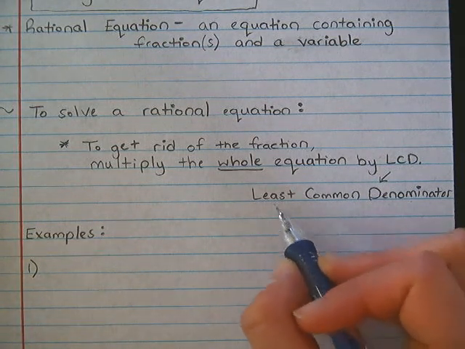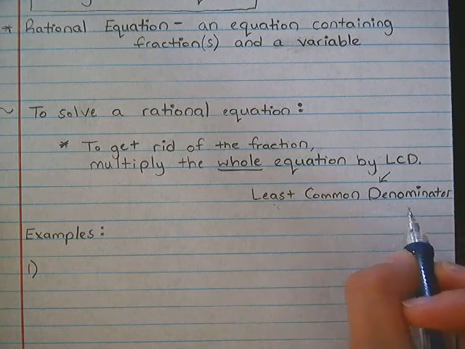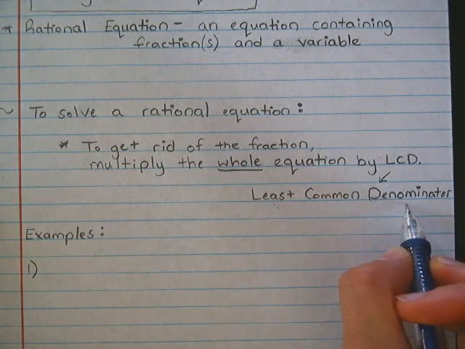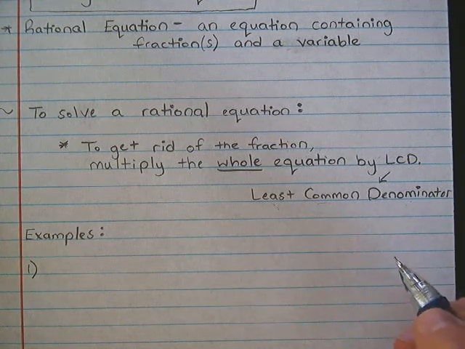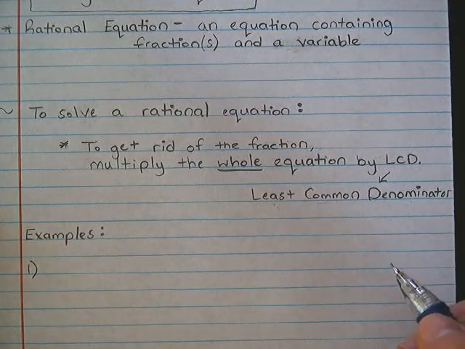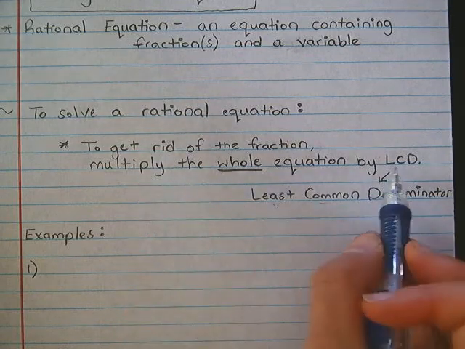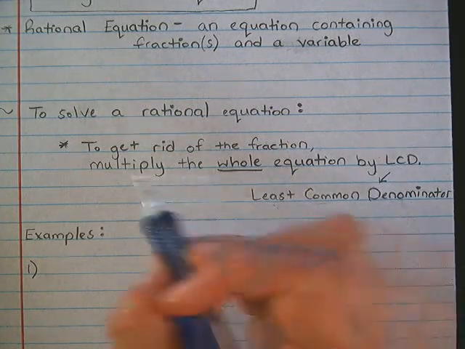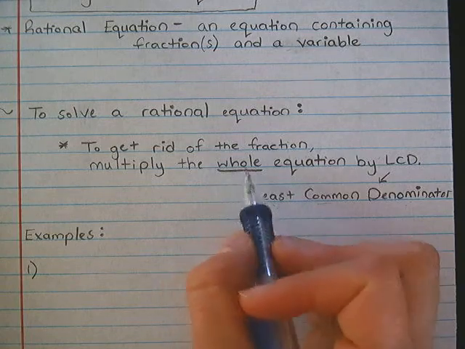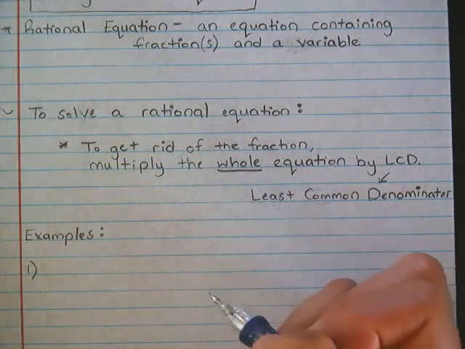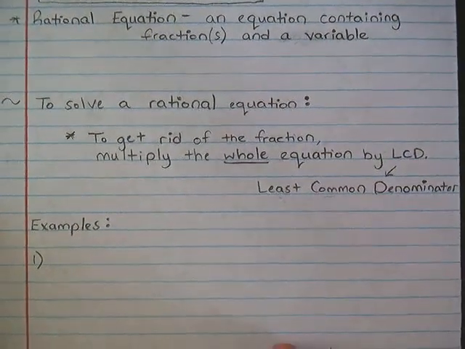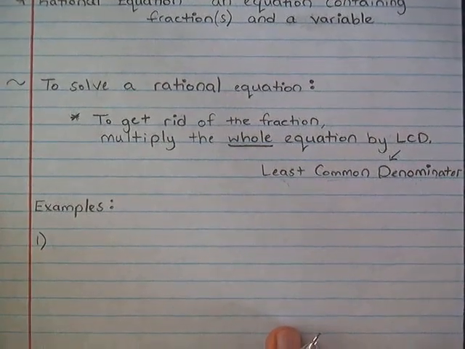Once you find your least common denominator and multiply the whole equation by that, you'll find that it makes the equation just like a normal equation that you're used to solving.